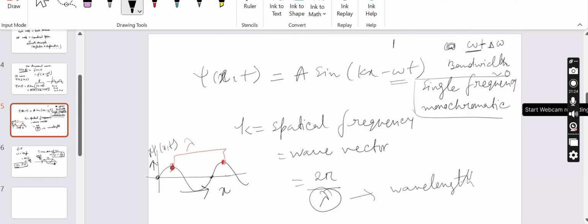If a frequency is, let's say, 5 hertz, it cannot be purely 5 hertz. It should have some bandwidth, like from 4.5 hertz to 5.5 hertz. So this is called bandwidth. This bandwidth is almost equal to zero for a single frequency monochromatic wave.